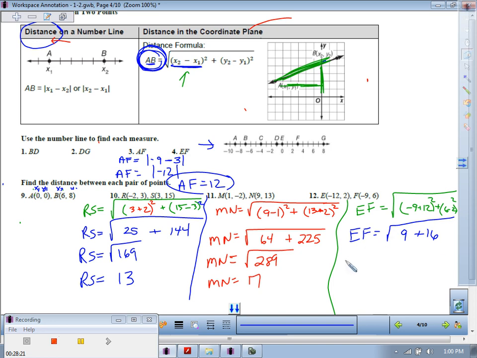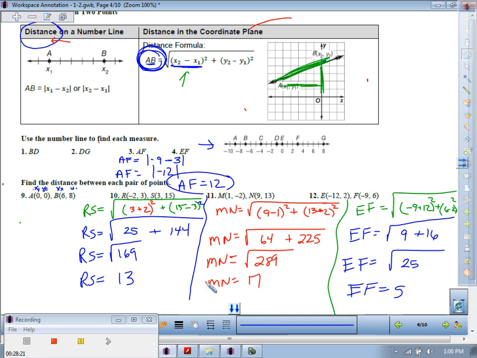And then what is 9 plus 16? How much is it? Pretty sure it's 25. And again, we get a nice, neat, perfect square. So the square root of 25, which is plus or minus 5, but we've got to throw away the negative. Sound okay? That it for the distance formula here?